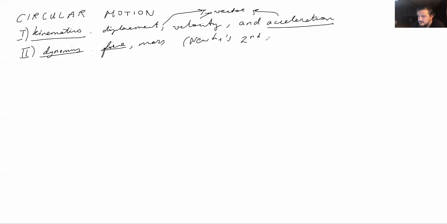The first law is about moving along a straight line in the absence of any forces. The second law relates the acceleration and mass to force. And the third law, the action-reaction principle, has to do with pairs of action and reaction forces. Okay, so let's start with basics. So what will be the displacement variable?